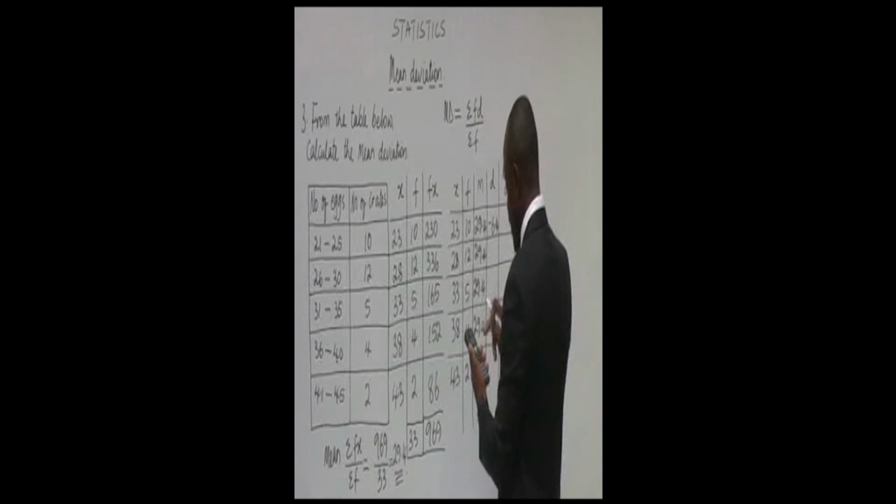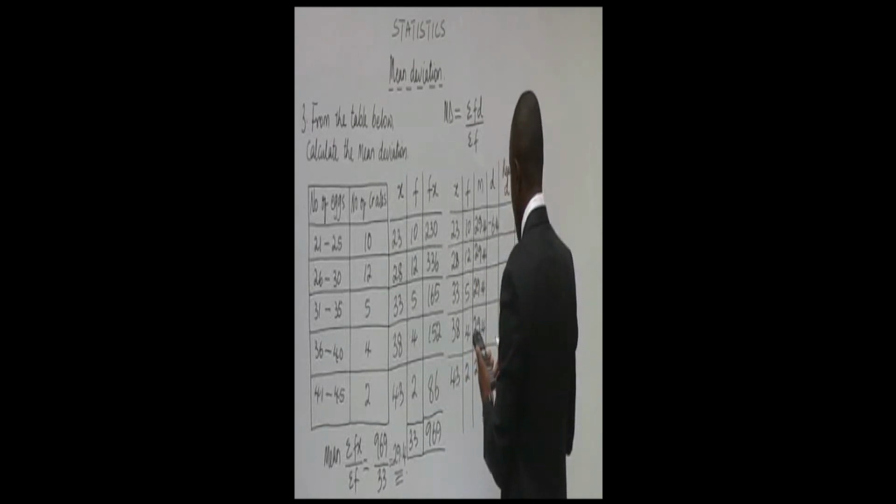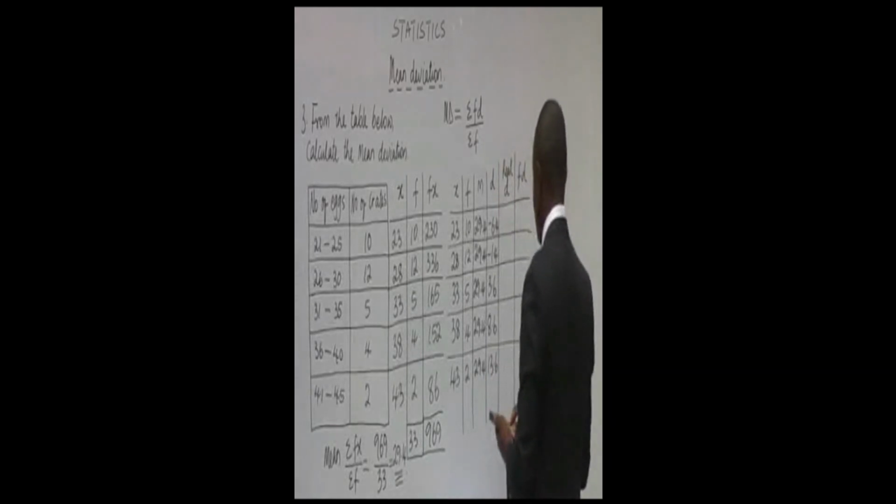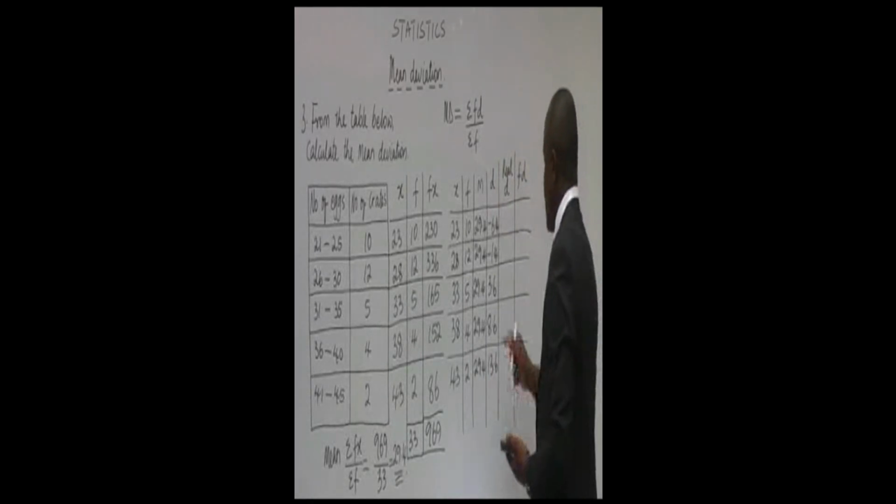The next is 28 minus 29.4. It's giving me minus 1.4. The last but not the least, 43 minus 29.4. It's giving me plus 13.6. These are our deviations.